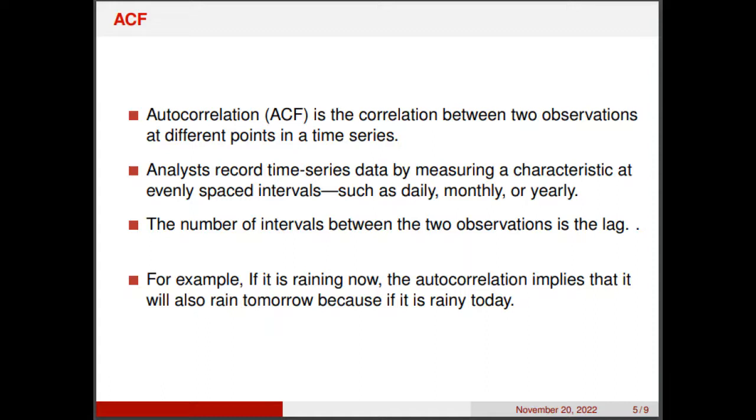I'll give a simple example for the autocorrelation function. Suppose today is a rainy day. The autocorrelation implies that it will also rain tomorrow because it is rainy today. The next is the partial autocorrelation function.